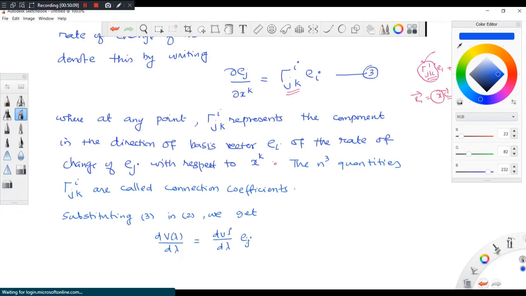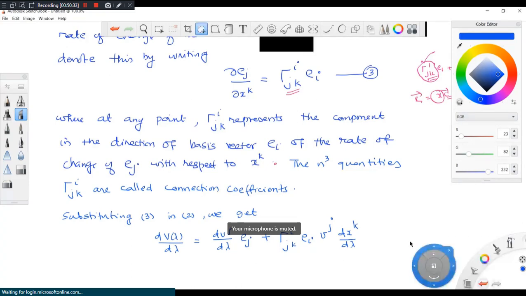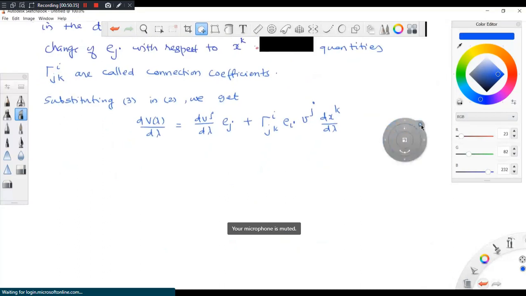So this plus, I substitute for the other one. What will I get? I will get Γ^i_jk, then ei, then Vj, then dxk/dλ. So if I substitute, I will get this. Now I write it in a more convenient form.